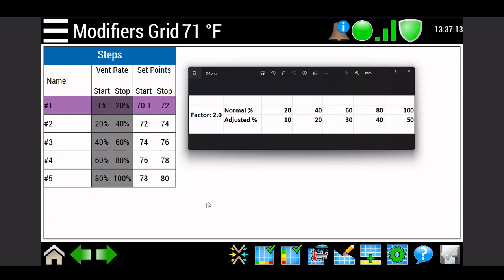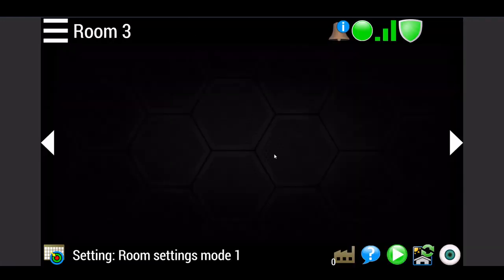So let me just pull up, I will go to, let's say, 60-30. If I change the current room temperature to be 76, then it should be 60%, but because we'll have the modifier active, it'll actually be 30%, and that's going to be right around 73 degrees that it will show as the adjusted room temperature.